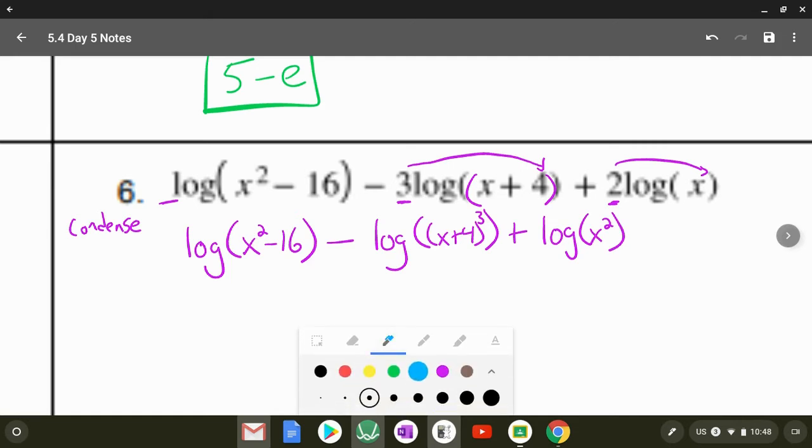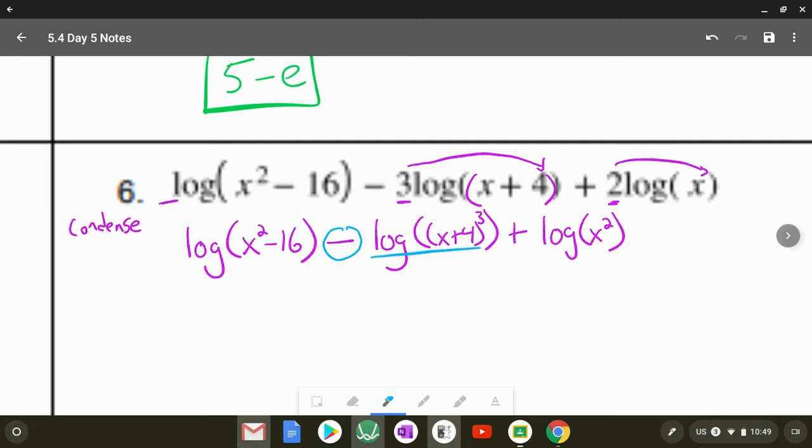Now that everything's on the inside, we can go ahead and condense all of them to a single log. Anything that is after a subtraction immediately will go on the denominator. So let's go ahead and go to the big log. This is going to go in the numerator. But then, because this is right after, it's a term being subtracted, that's going to go into the denominator.